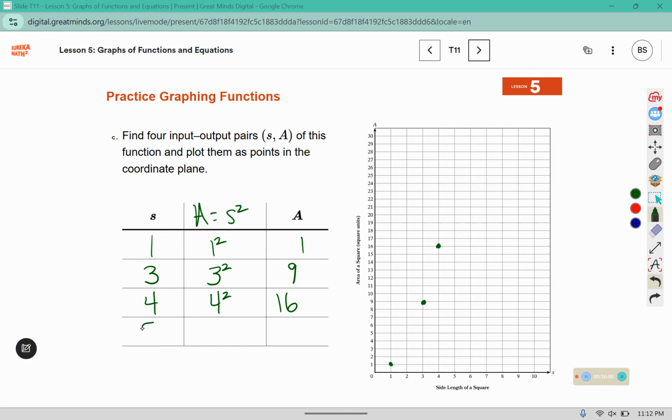And if I had a side length of 5, 5 squared would be 25. I'm going to put 2 in there also just because it might help us identify what's happening. 2 squared is 4. So if we try to graph a straight line through here, you can see that it's not going to hit all of the points.